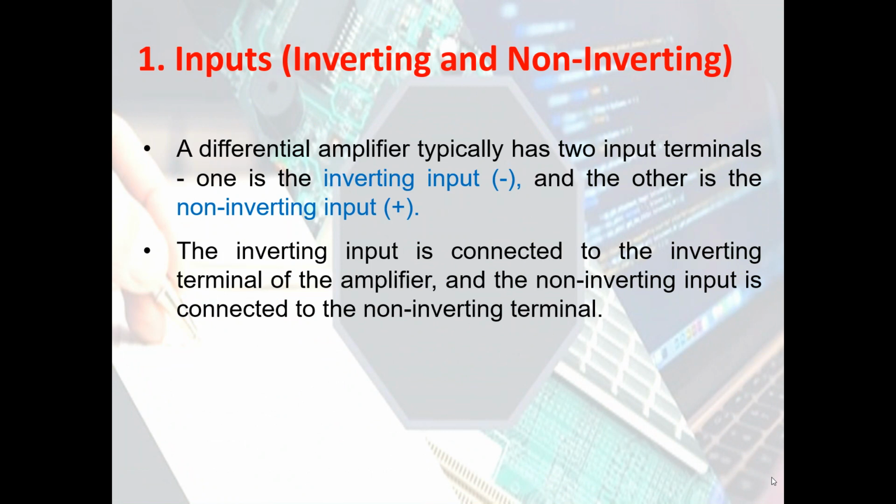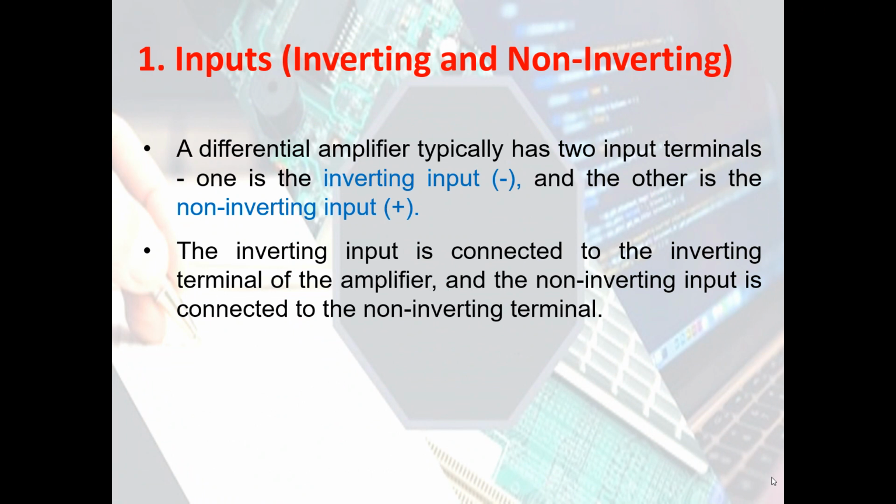First, the inputs. For the inputs, we have what we call the inverting terminal and non-inverting terminal. So the inverting terminal or the inverting input is represented by the negative sign, and the other side, the non-inverting input, is represented by the positive sign.